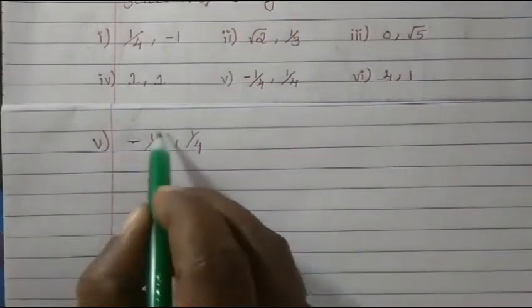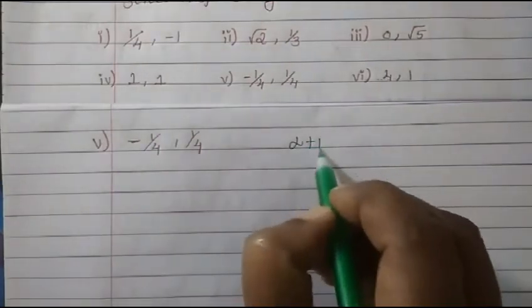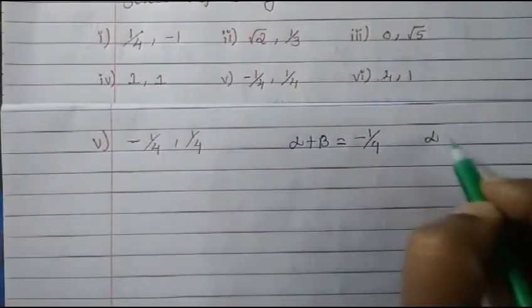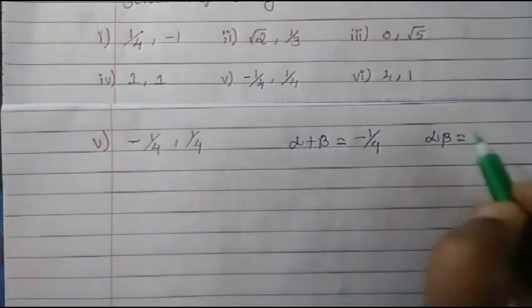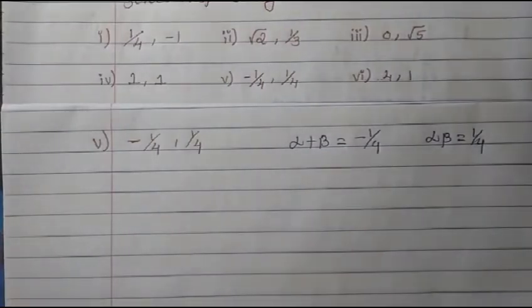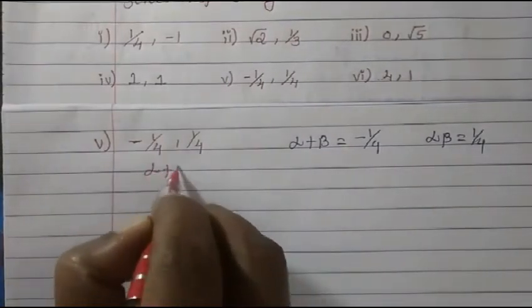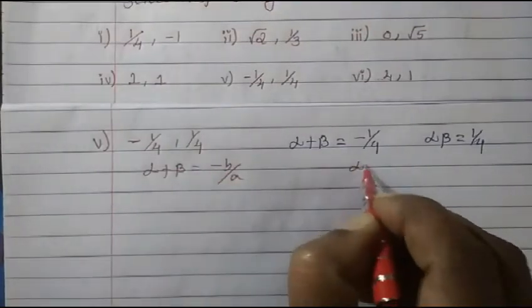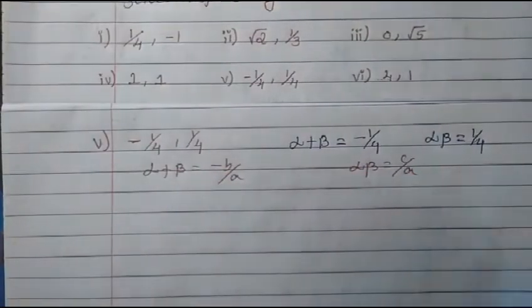The sum of the zeros is given to us as minus 1 upon 4, and the product of the zeros is 1 upon 4, and we know the sum of the zeros is minus b upon a, and the product of the zeros is c upon a.